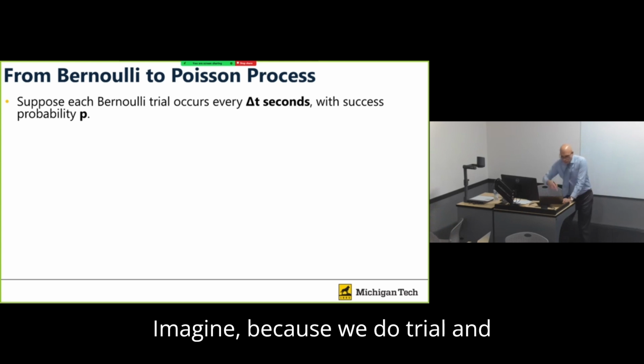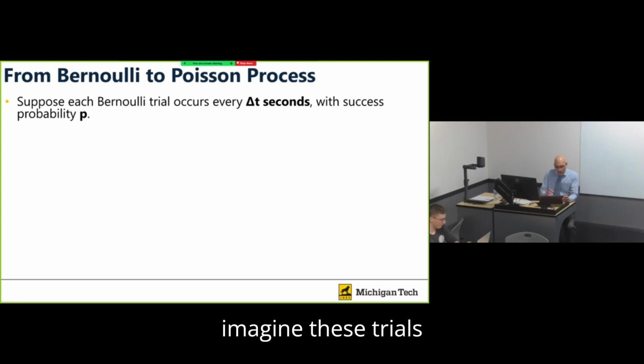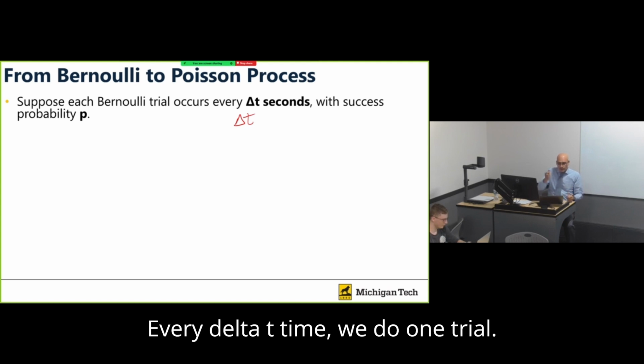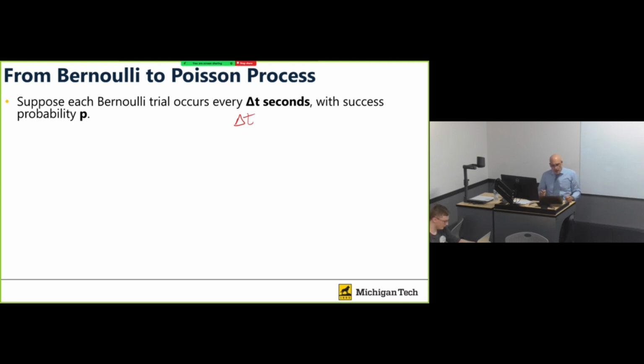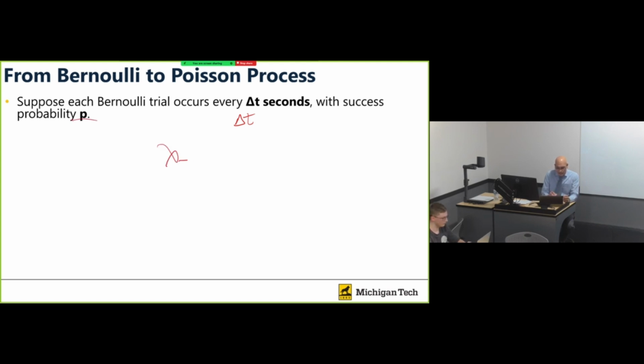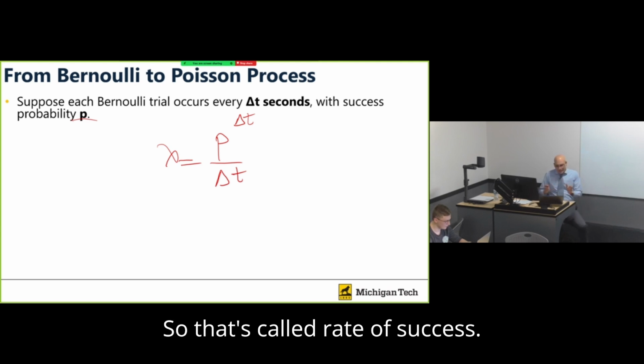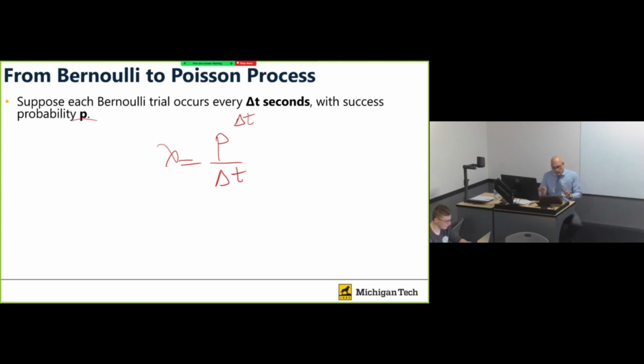Imagine these trials happen after every delta t time, and the success probability is p. So the rate of success is the probability of success divided by delta t. That's called the rate of success.